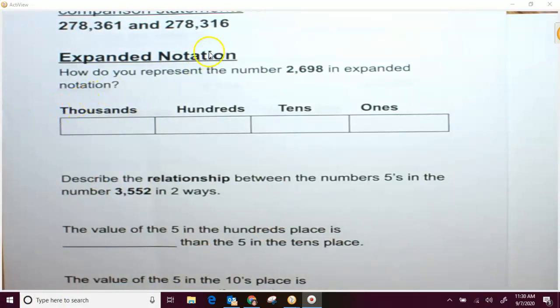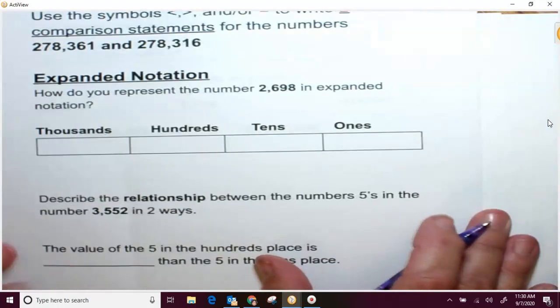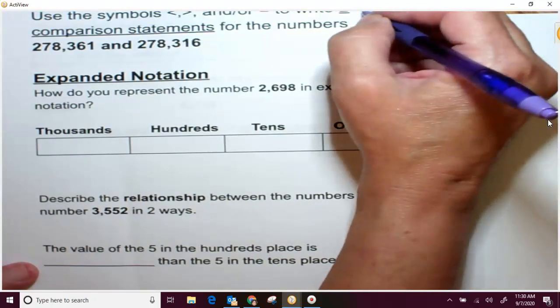And so what I put was, I have 278,000 is greater than 361. Or sorry, 278,361 and 278,316. So I want to write 2 comparison statements, okay? So I'm going to write my comparison statements over here.